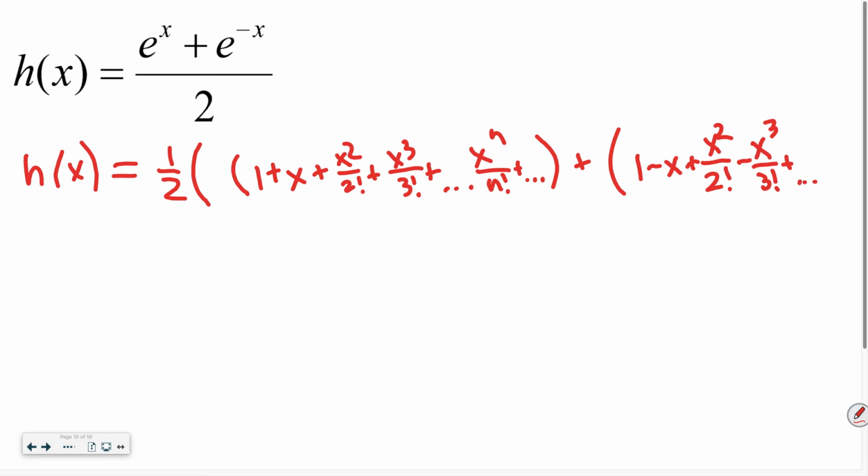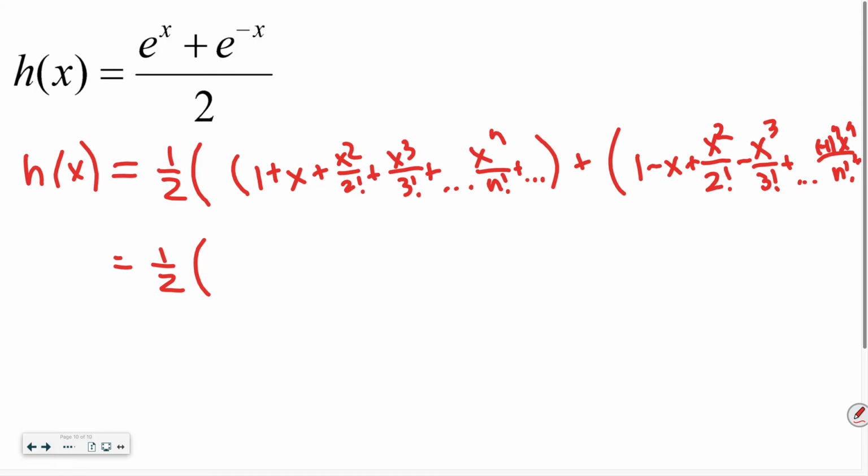Do you see why we're getting the alternating signs? Every time we have an even power, that negative to a power doesn't matter for the even powers. So we have negative 1 to the n, x to the n over n factorial. Now, the general terms really aren't going to help us right now.